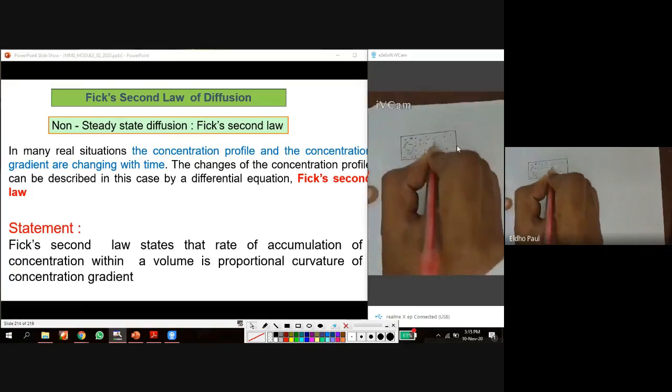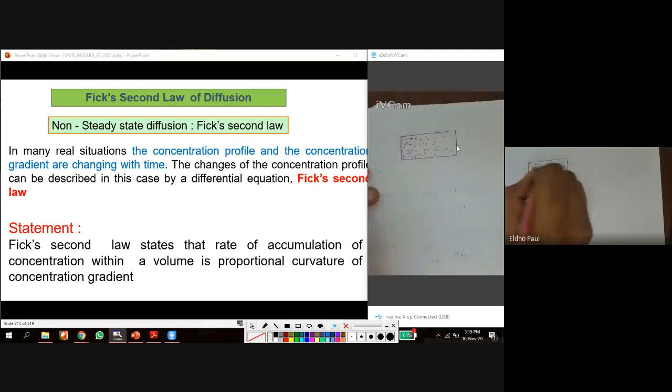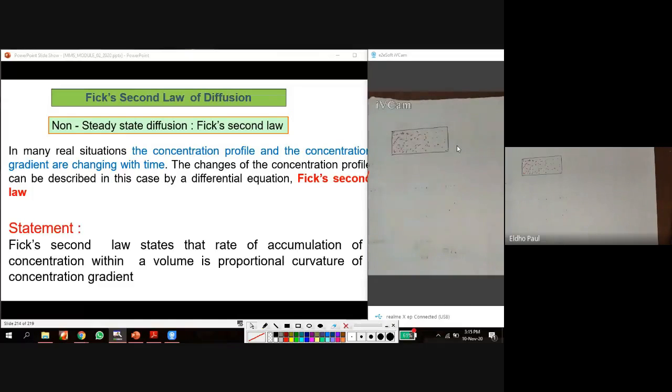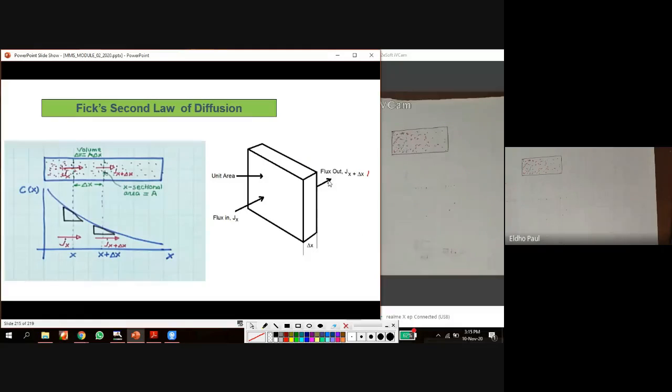So I consider this type of material: on one side the concentration is very high, and on the second side the concentration is very low.